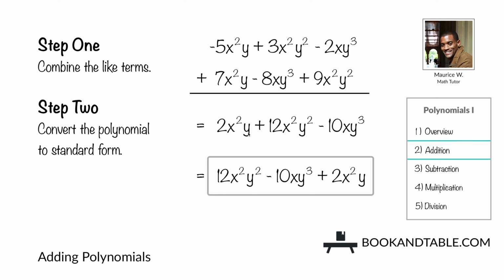And this term has a degree equal to 3. 1 plus 2 gives us 3. So this term should be listed furthest to the right since it has the smallest degree. And these two terms should come before it since they both have a degree equal to 4. So the final answer in standard form is 12x squared y squared minus 10xy cubed plus 2x squared times y.